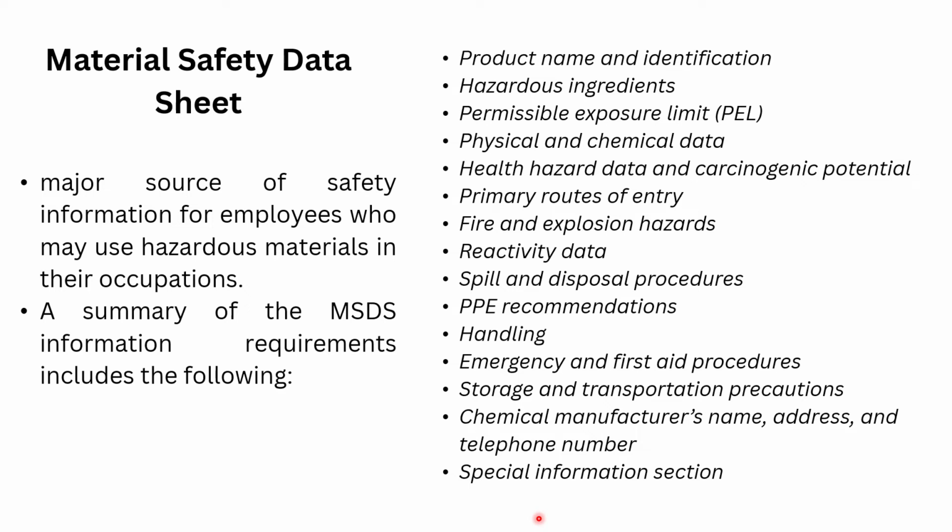A standardized format is not mandatory, but all requirements listed in the law must be addressed. Here on the right side of the screen, you can see the summary of the SDS information requirements. So these must be seen in the safety data sheet, all of this.